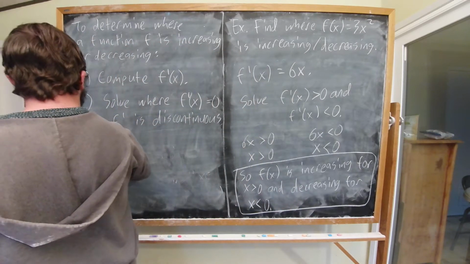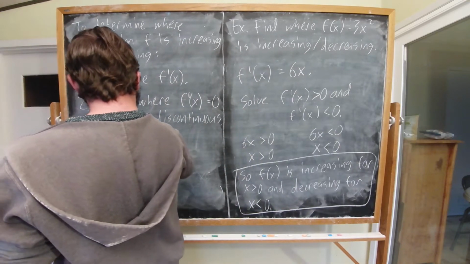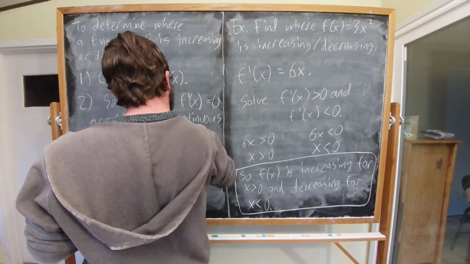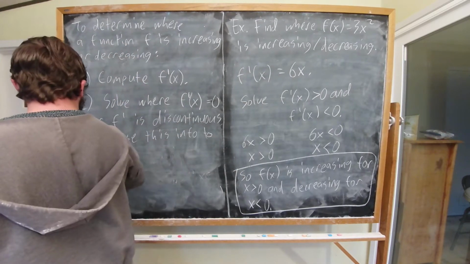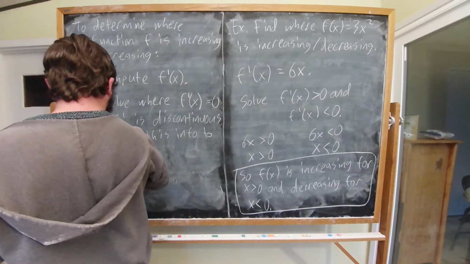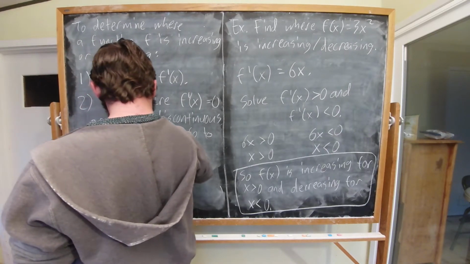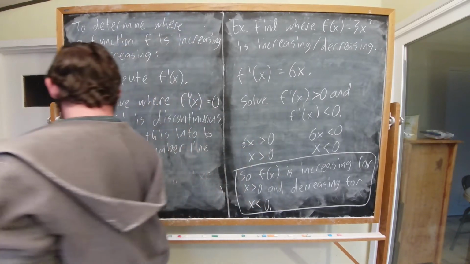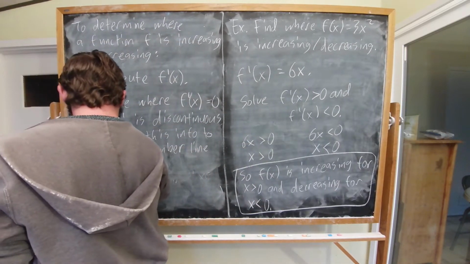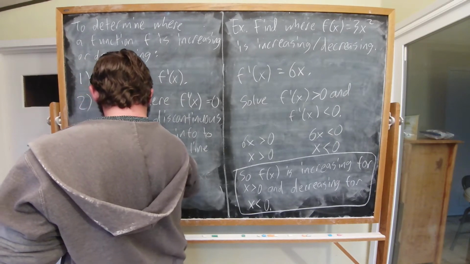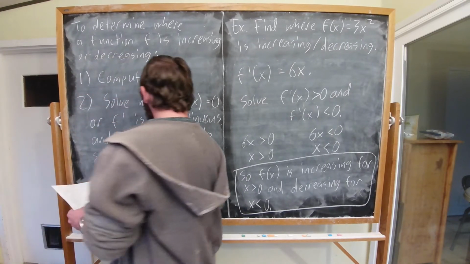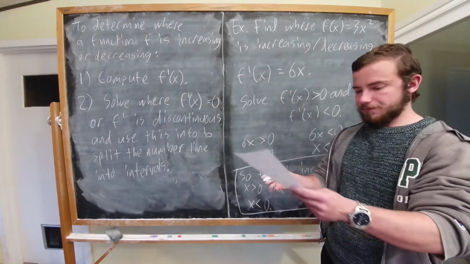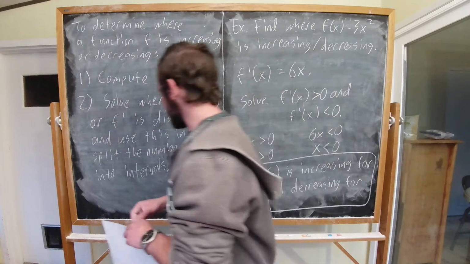And use this info to split R, split the number line, into intervals. And we'll see what we're doing with this with another example shortly after. Alright, so that'll be our second step.